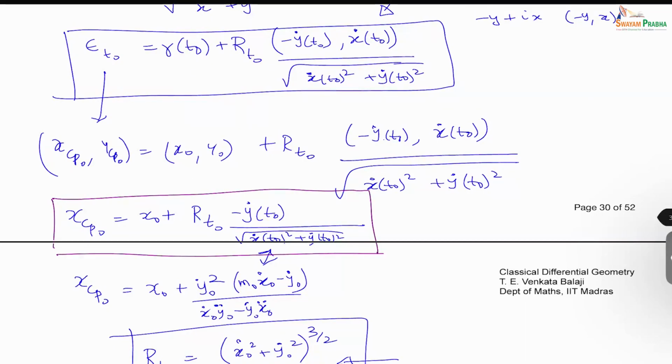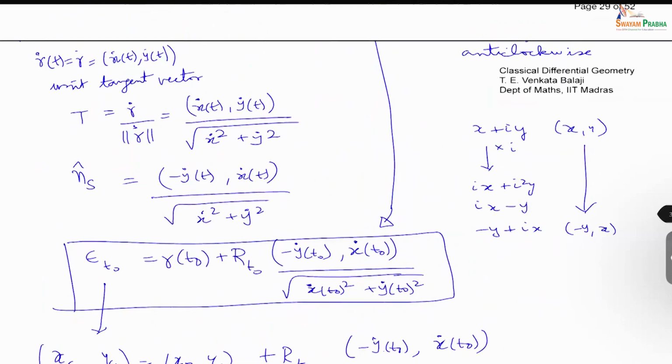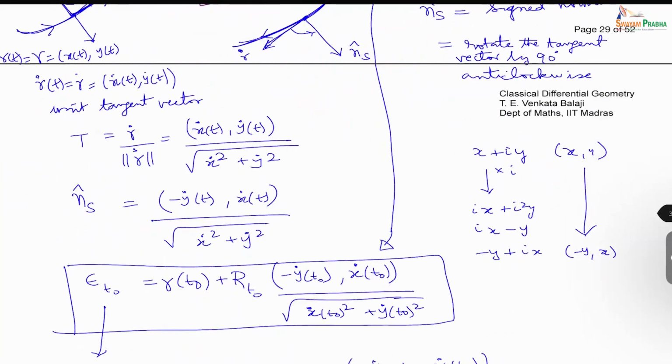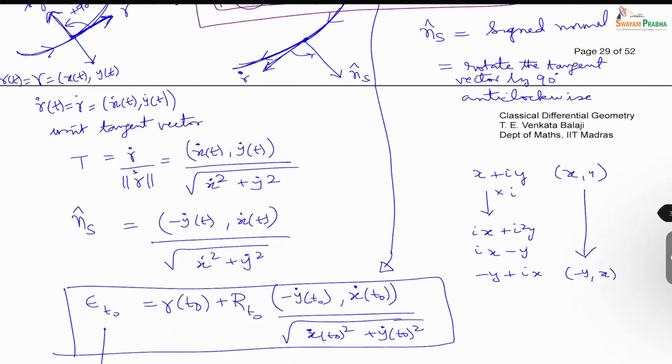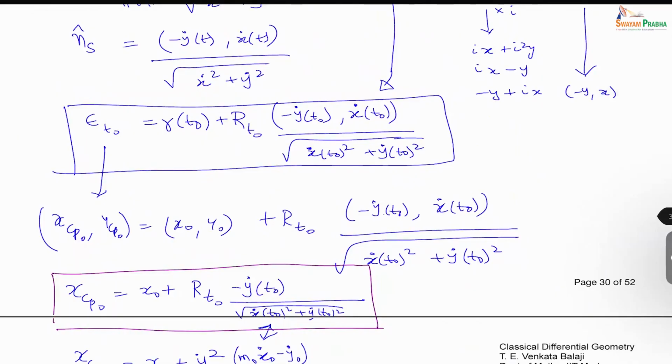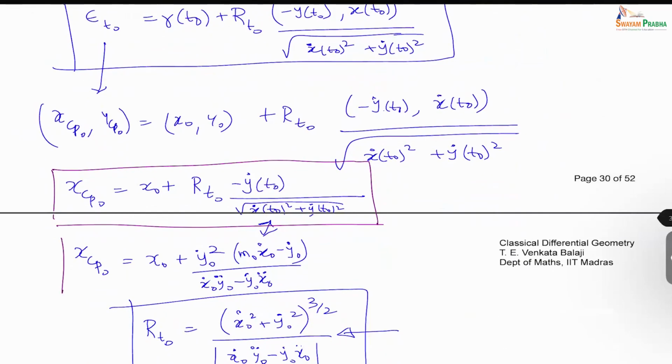And this expression in terms of addition of vectors, if you write it in terms of scalar components, then the x component gives you this. If you compare these two, the claim was that you can easily write out the radius of curvature and the center of curvature.